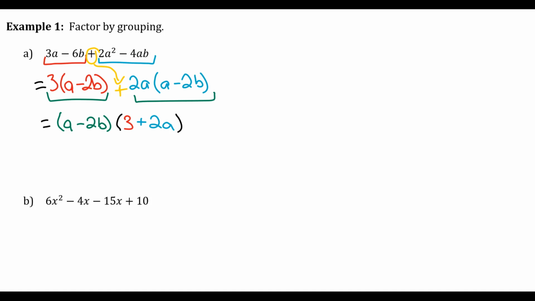And it does not matter if I write a minus 2b times 3 plus 2a, or 3 plus 2a times a minus 2b. Notice my parentheses are the exact same, they're just in reverse order.